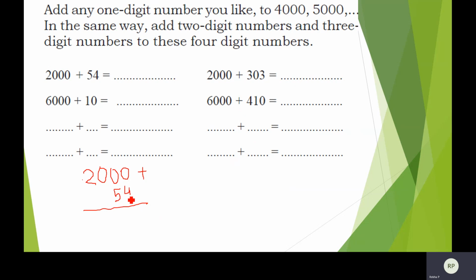Now 0 plus 4, you will get 4, and 0 plus 5, you will get 5. Nothing to be added to the rest, so bring down the 0s and the 2. The answer is 2054.